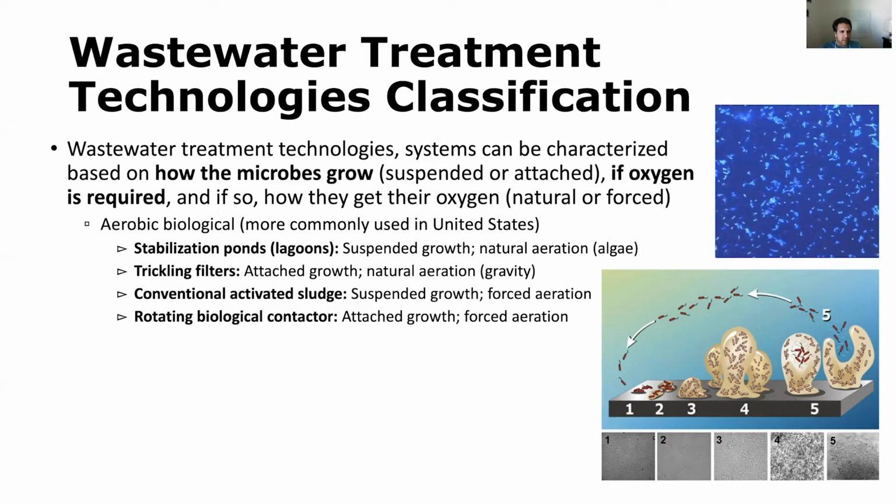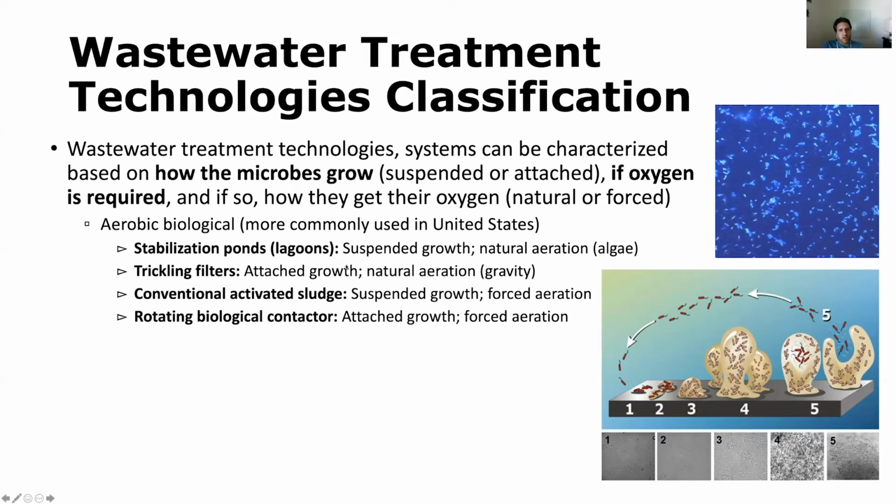In small towns, you might see stabilization ponds or lagoons. These are suspended growth treatment systems that require oxygen and utilize natural mechanisms to aerate the wastewater, usually the production of oxygen by algae that are naturally present in the ponds.